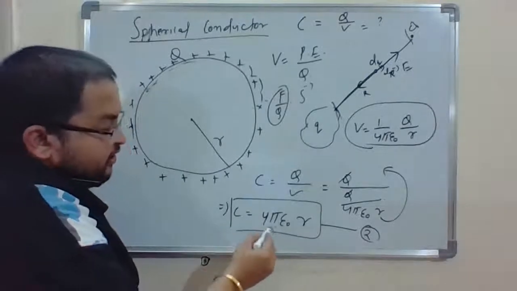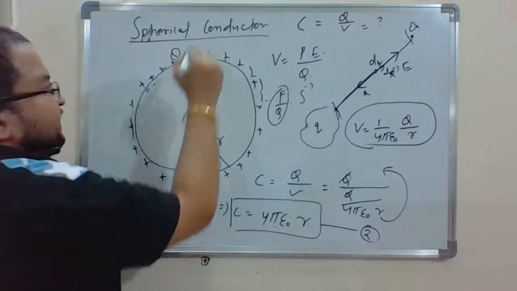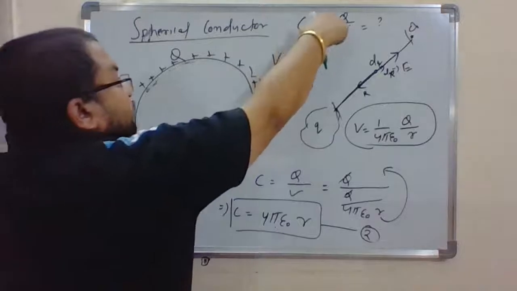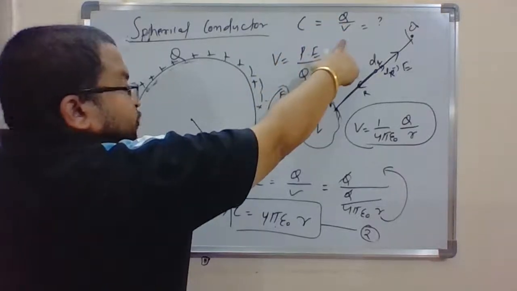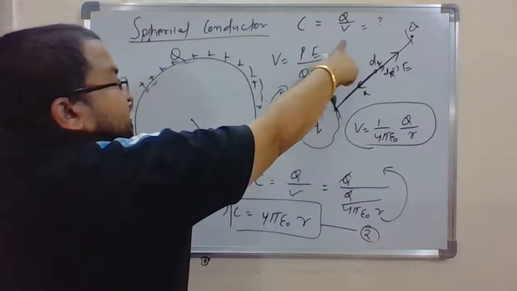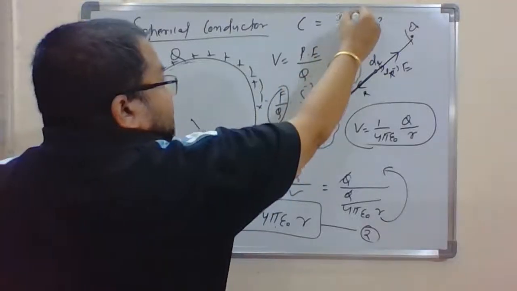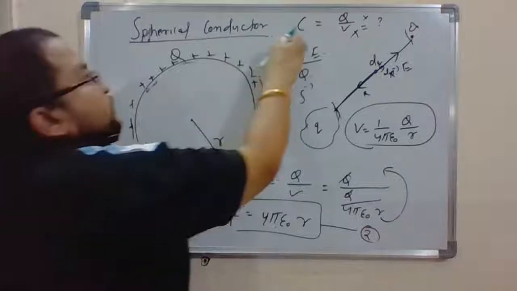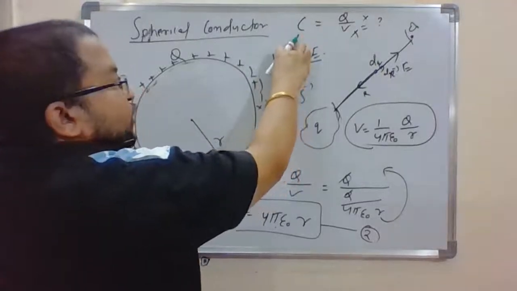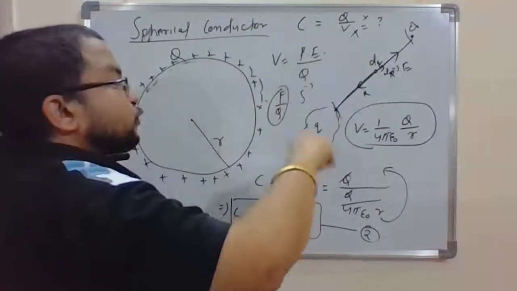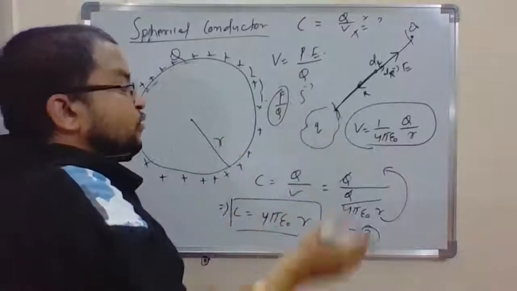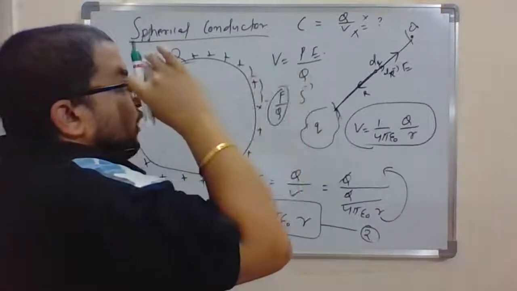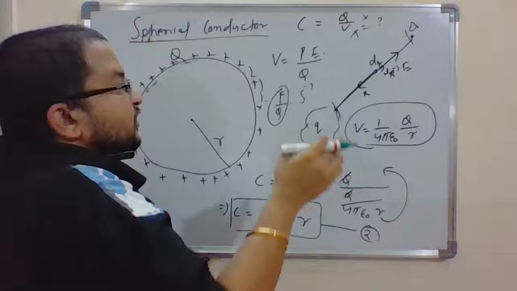Here you see one interesting thing: capacitance C equals 4 pi epsilon naught r. Though capacitance is charge per unit potential difference, it neither depends on charge nor on potential difference, because capacitance itself is a proportionality constant, and when you increase Q, V would increase automatically, and they would manage each other.